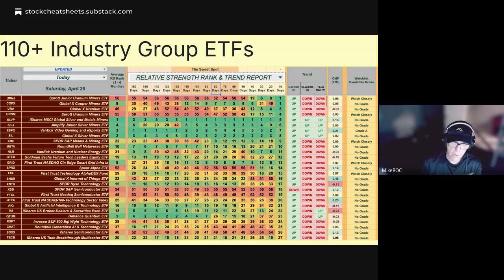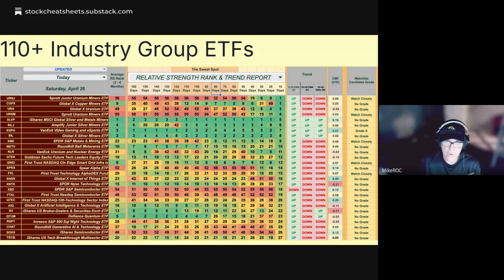Now, the other thing to notice is that the junior uranium miners, along with copper just underneath it, and an ETF that just captures the spot price of uranium metal itself, and another uranium miner ETF that we just use as a spot check to make sure that thinly traded ETFs aren't exuding bad metrics.